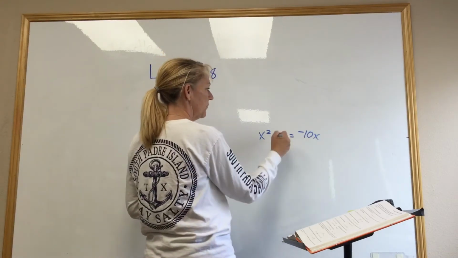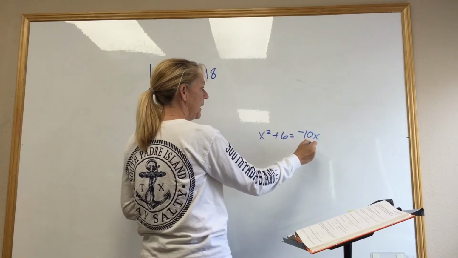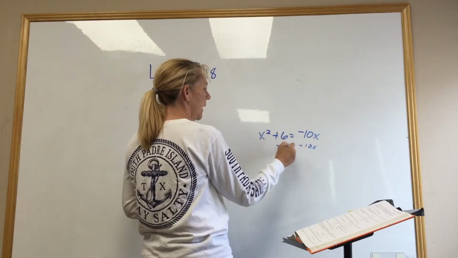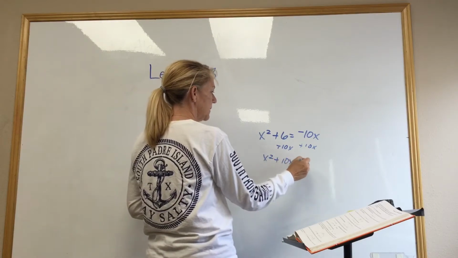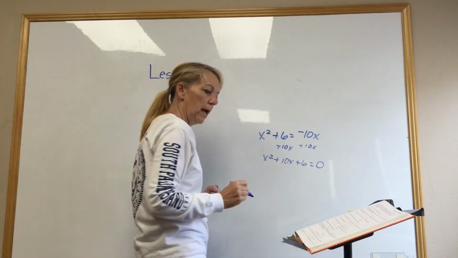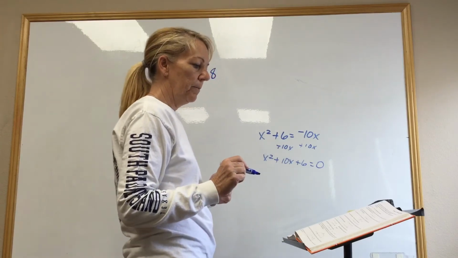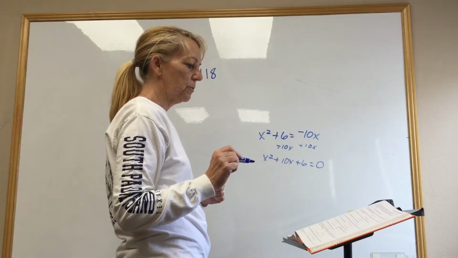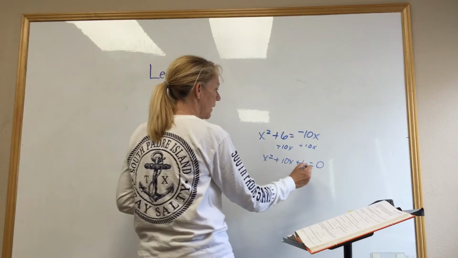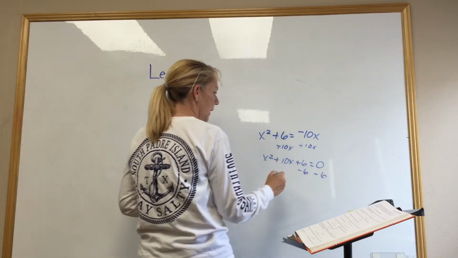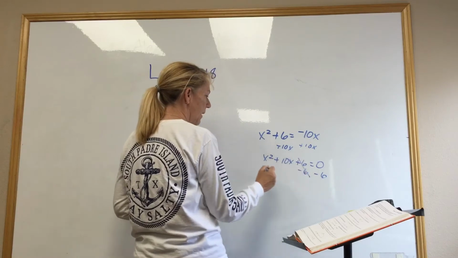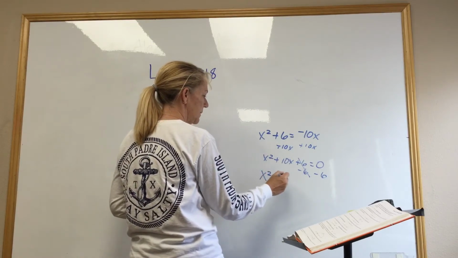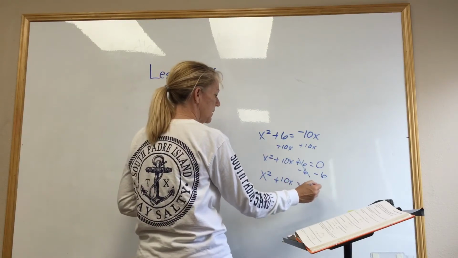So I'm going to add 10x to both sides, and put it in order: x squared plus 10x plus 6 equals 0. And now we are going to subtract 6 from both sides, because this is a perfect square, and so that goes away, and I'll explain that in a second. Plus 10x equals negative 6.